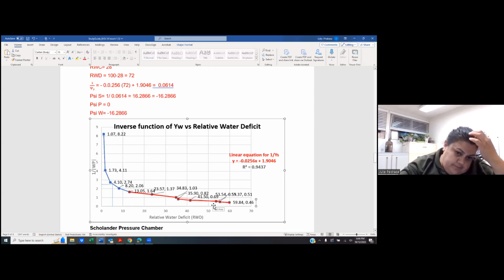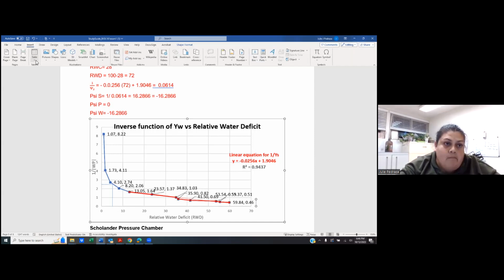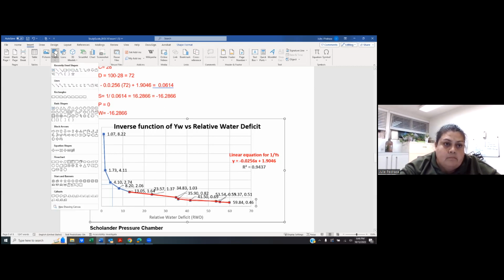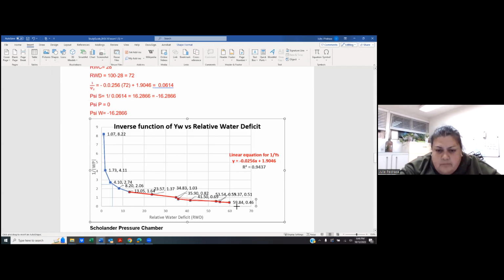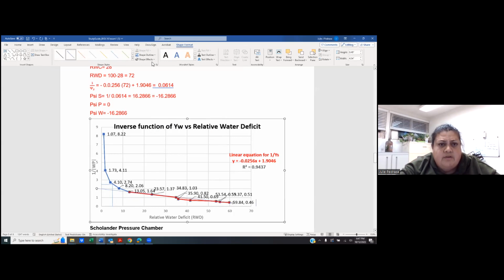So remember that this little red thing that you're seeing right here, this is your 1 over psi s line, okay?